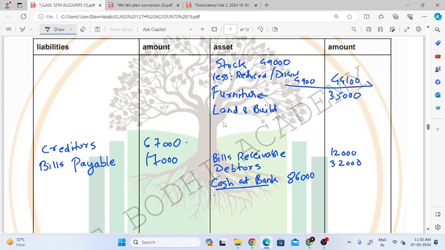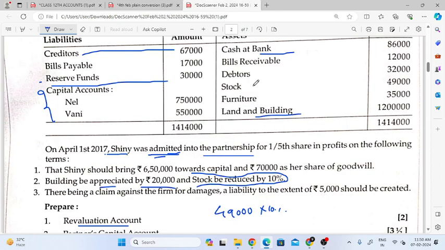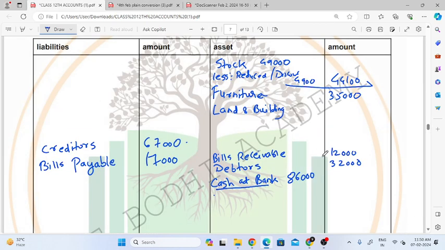The actual value of the land and building is 12 lakhs. And since the value is appreciating, we have to write add appreciation. It is appreciated by 20,000.